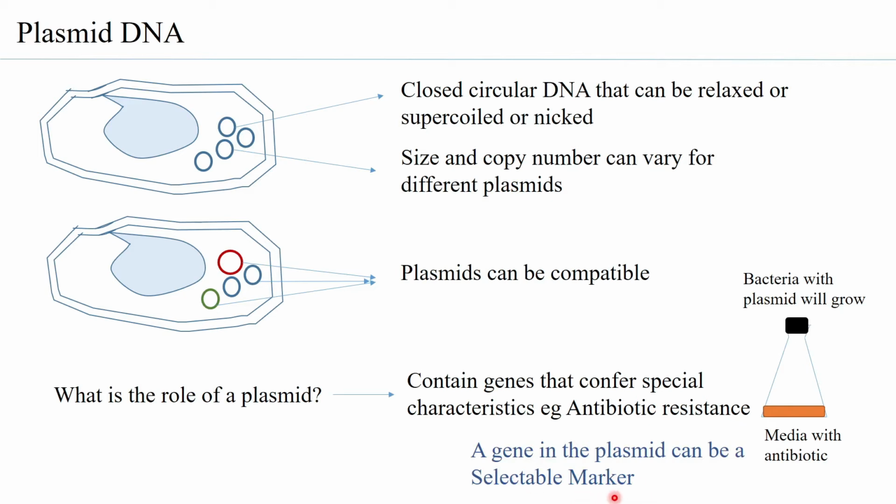And this is definitely something that makes the plasmid a good candidate to become a cloning vector. Because if the cloning vector carries a gene of your interest and it is present in the host cell, you can select only those host cells that have the selectable marker, which means that the presence of the selectable marker in the bacteria is also essentially saying that the cloned DNA is present.